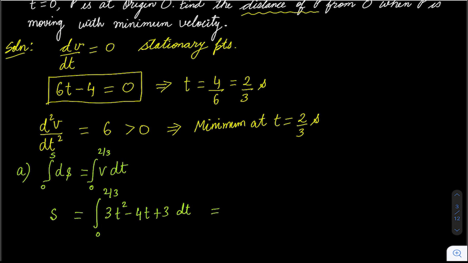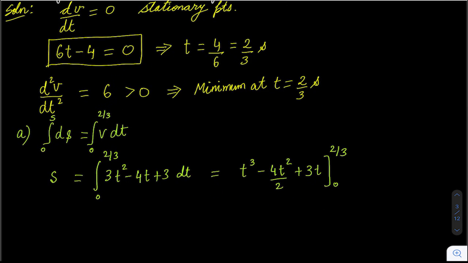Which will be nothing but integration of 3t square is t cube, minus 4t square over 2, plus 3t. And we have to use the limits 0 and 2/3. Okay, so let's substitute the values. When you substitute 2/3 in this, we will get 38 over 27.